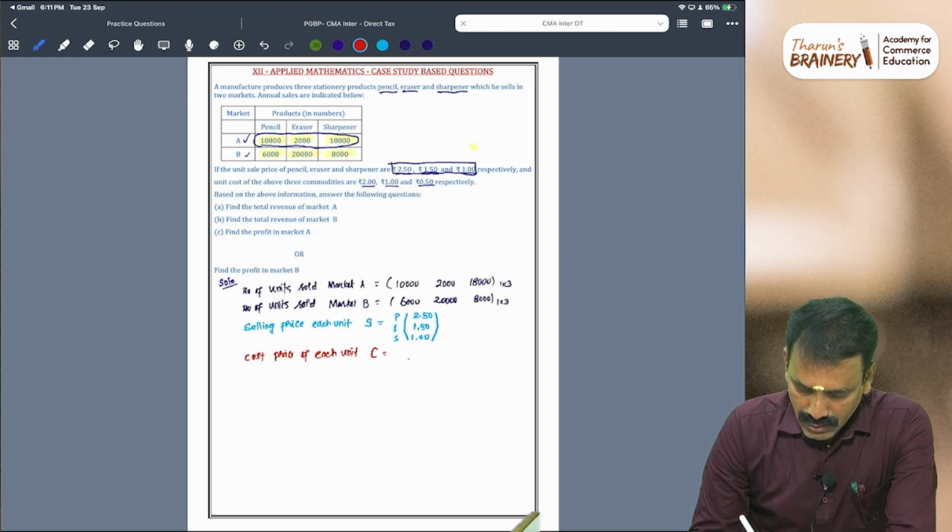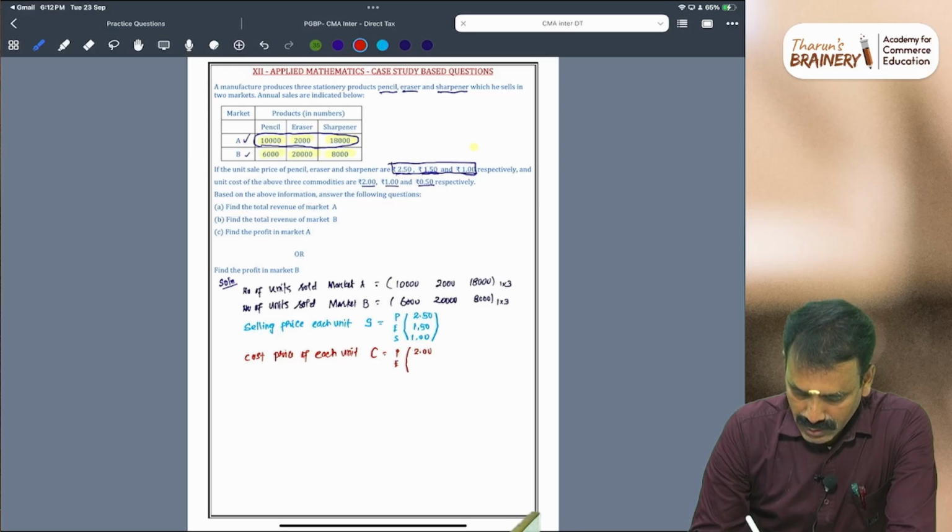For pencil it is 2 rupees, for eraser 1 rupee, and for sharpener just 50 paise.